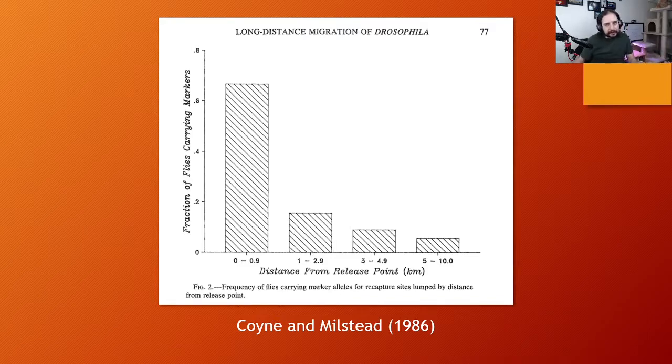It's still kind of a discussion, because there are very interesting things going on. Then Coyne did an experiment where they released flies in a Maryland orchard with a lot of food, and they started tracking these flies from that point outward.